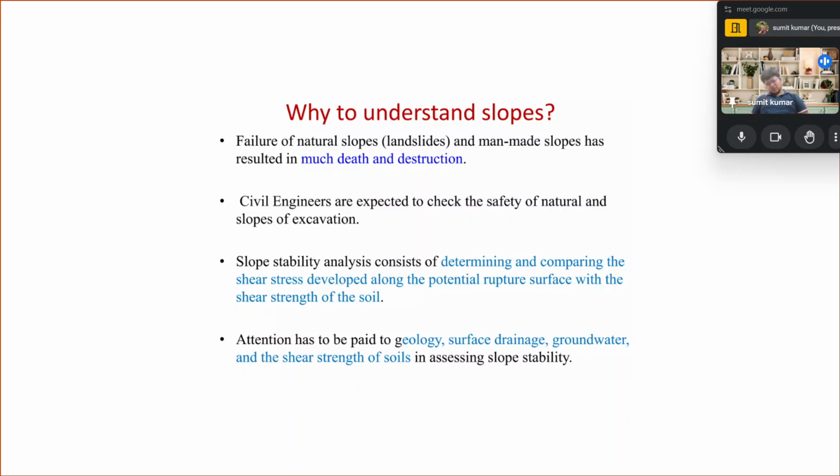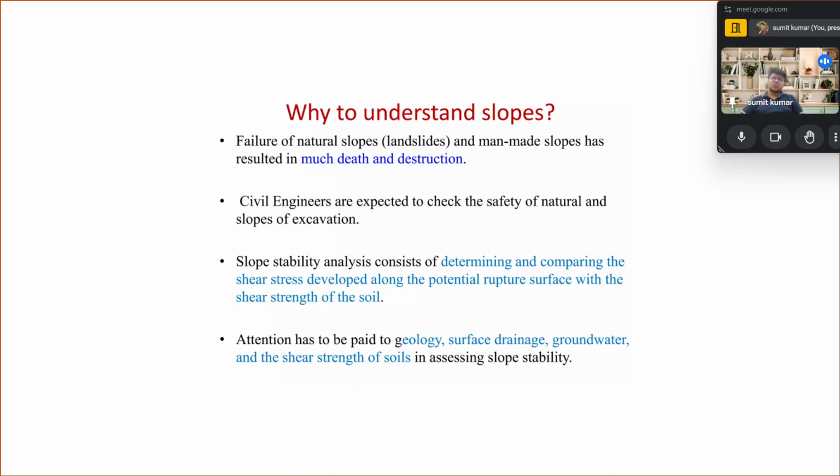Now, civil engineers are expected to check the safety of the natural slopes and the slopes of excavation, because we civil engineers are keen to know all the things which are associated with the construction practices, establishment, and the reconstruction, redistribution of forces. Everything is to be known by the civil engineers, right?